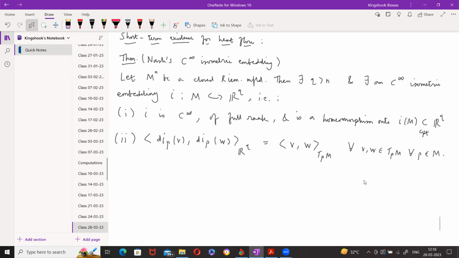Yes, sir. Okay. So this is a highly non-trivial theorem. It's an amazing theorem. Okay, so any closed Riemannian manifold, you can realize as a submanifold of Rn with the induced metric.